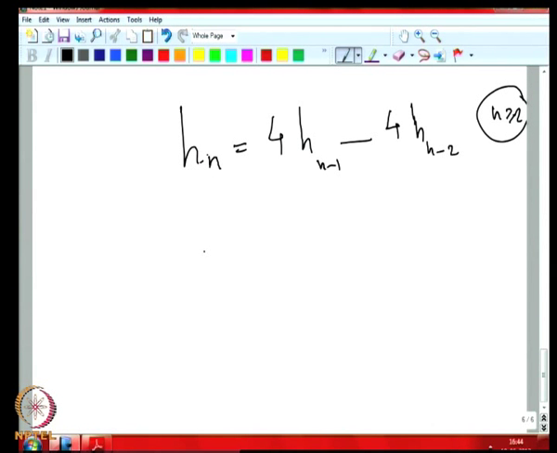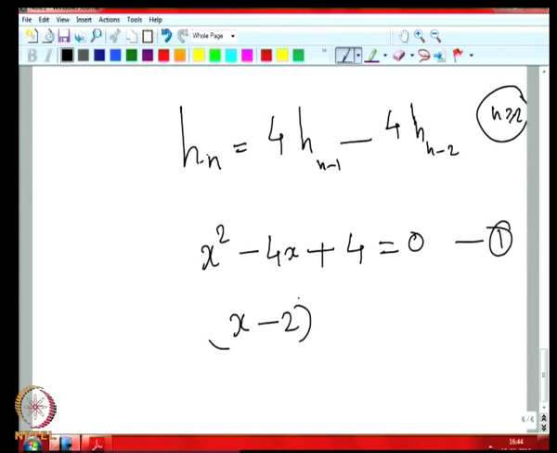Now your characteristic equation is going to be x square minus 4x plus 4 equal to 0. This is the characteristic equation.